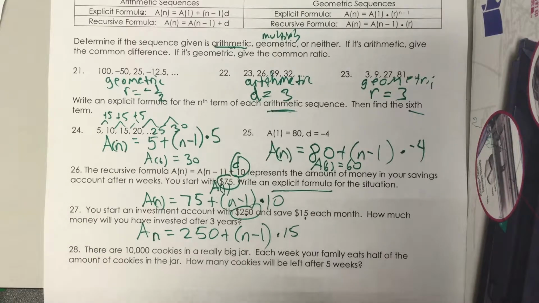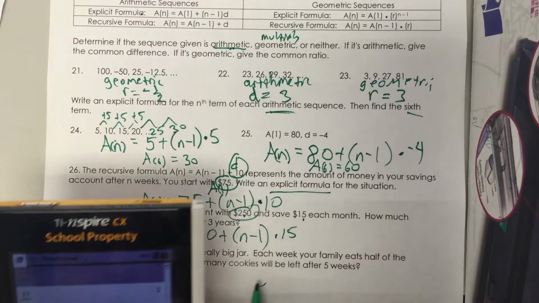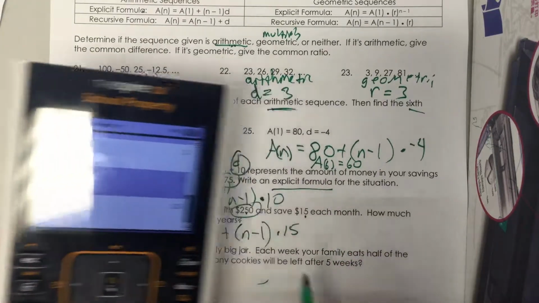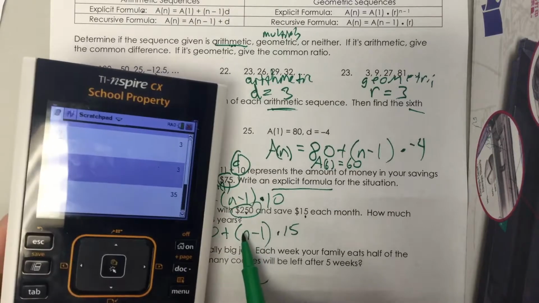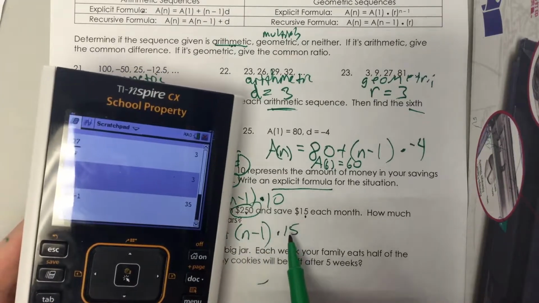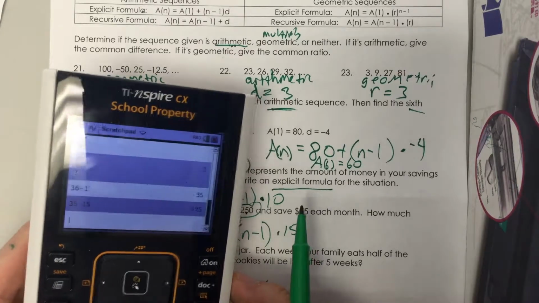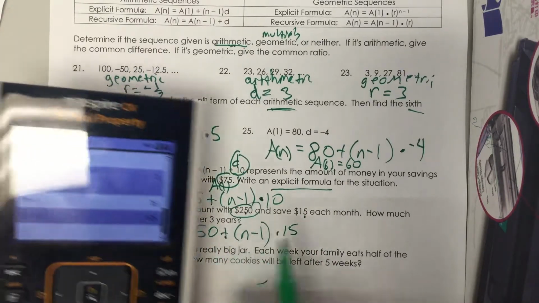So let's do it. I'm going to put in 36 minus 1 right here. I get 35. You didn't have to do that, but I'm just going through everything. 35 now times 15, 525, and now plus the 250.